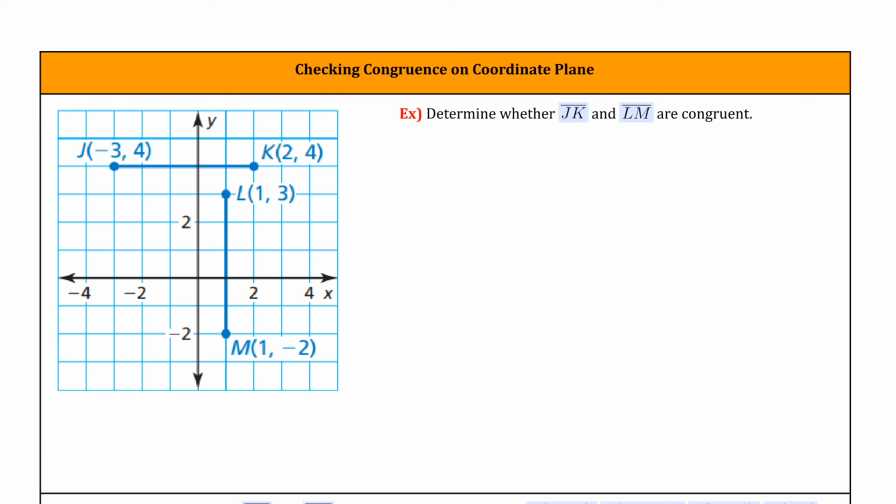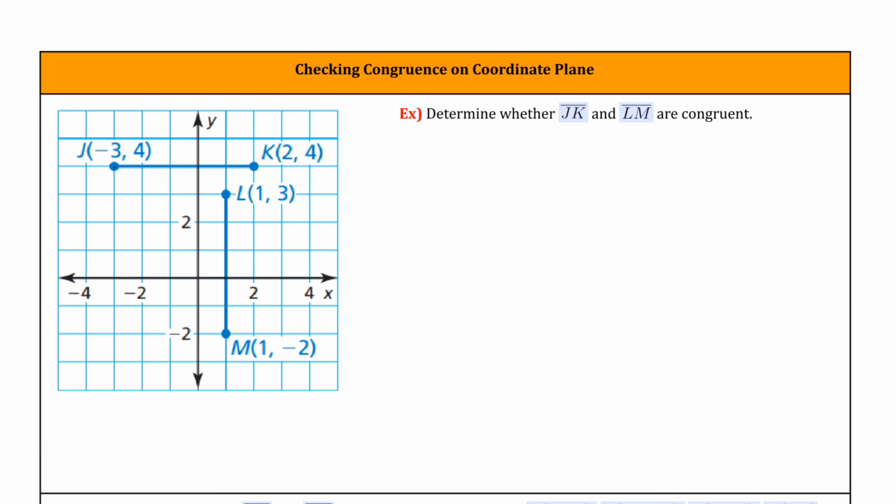Alrighty, let's quickly take a look at an example. In this example, it's asking us to determine whether segment JK and segment LM are congruent. Okay, so here is segment JK and here is segment LM. Because these two segments are nicely placed on the coordinate plane, one is exactly horizontal and one is exactly vertical, we can just quickly count the number of units.